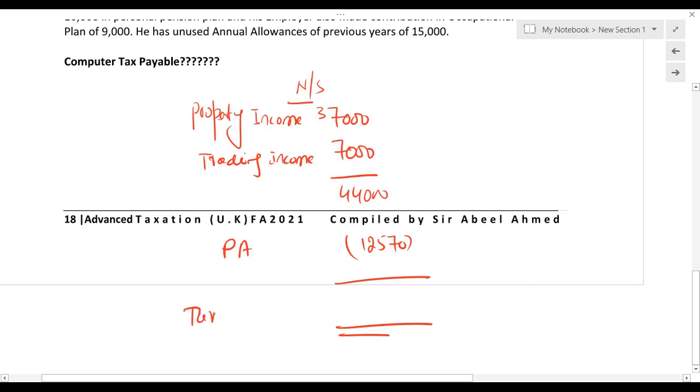You will get taxable income. 44,000 minus 12,570 is 31,430.